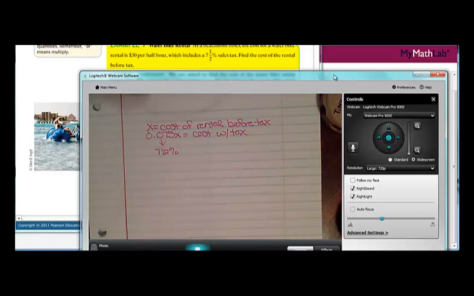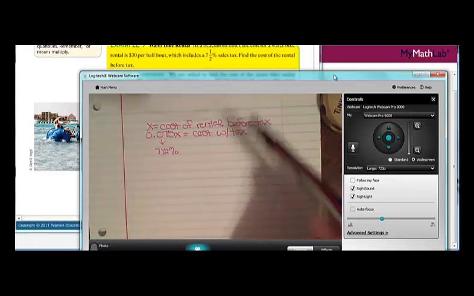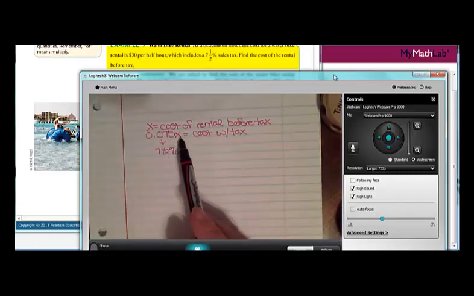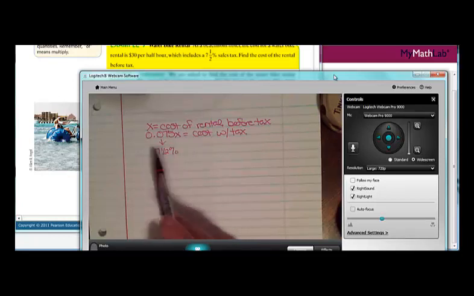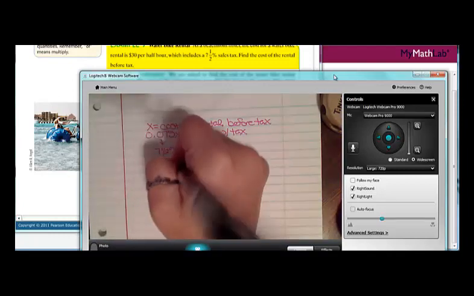So we know that the cost of the water bike is $30 per half hour. So the cost of the water bike is going to be the cost before tax plus the cost with tax. Because when you take 0.075x times however much the cost of the rental is, that's just telling you how much you're paying in taxes. So it's going to be x plus 0.075x, and that's going to equal your $30.